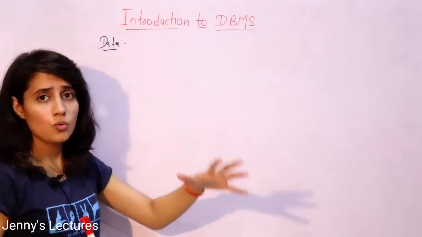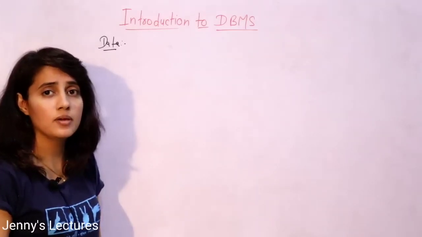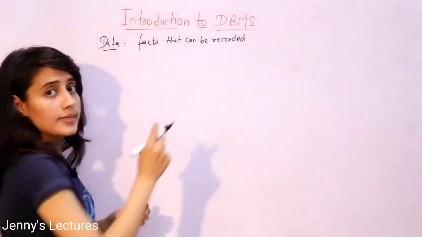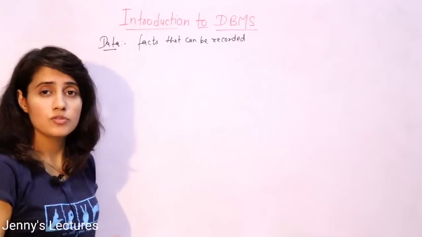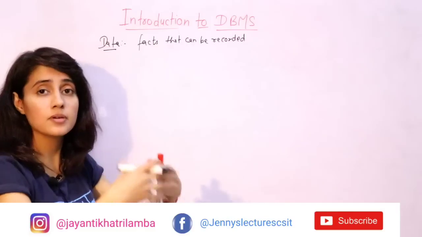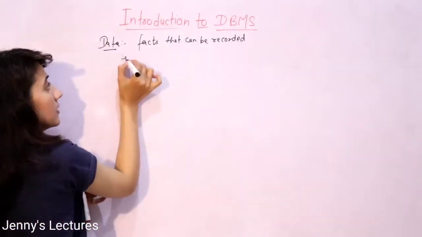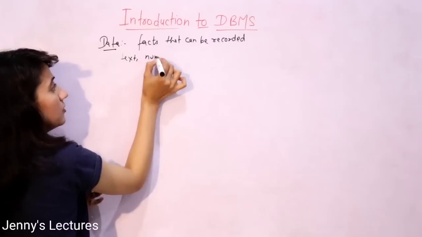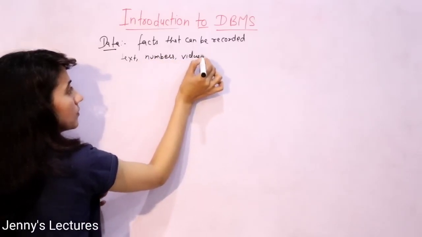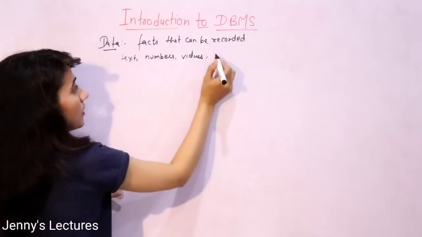I guess everybody knows these are facts, or you can say some raw material, facts that can be recorded by someone. Those can be stored in the form of text, numbers, or videos. You are watching this video, this is also data.